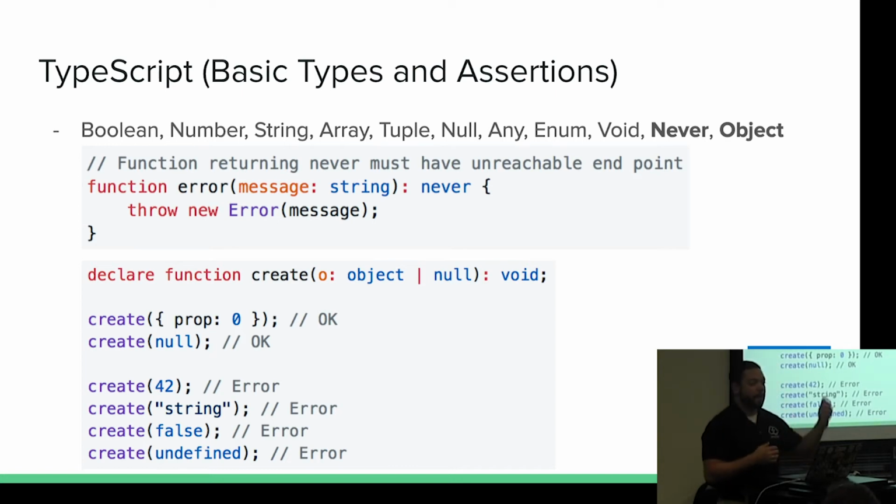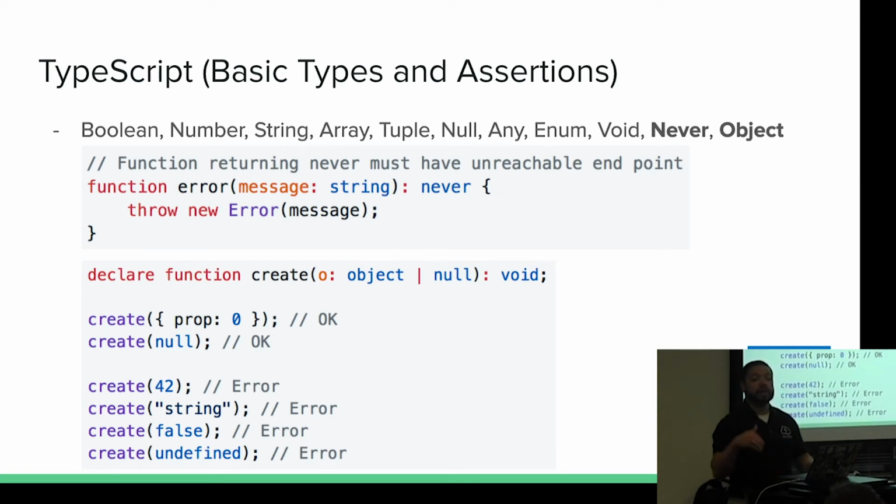So that's why create prop 0 passes, because it's a JSON object. Create null works because it's also satisfying that union operator. Again, object pipe null means object or null. But then the rest of the executions fail because 42, string, false, and undefined are not either an object or null. So it's very useful. It's very easy to make sure that you are typing in exactly what you need to.